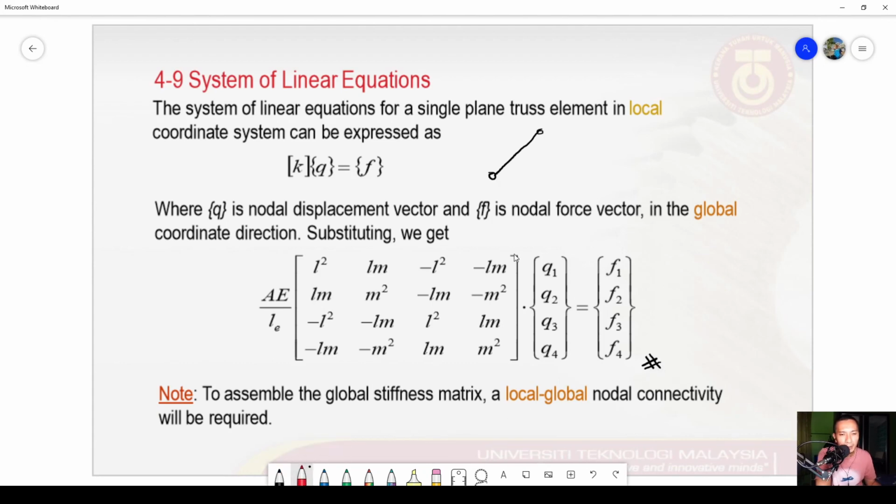This is by taking into consideration each nodal point, node 1 and node 2. So this is what we get here for one particular element. Then we have 4 displacements, which represent the displacements at 2 nodal points, in this case point 1 and point number 2.